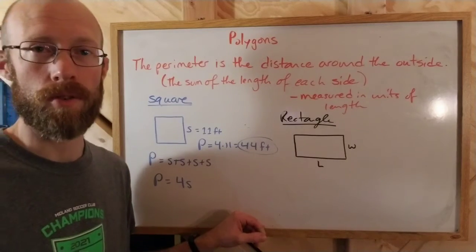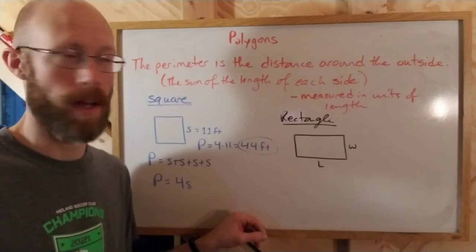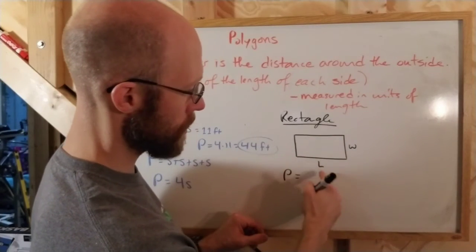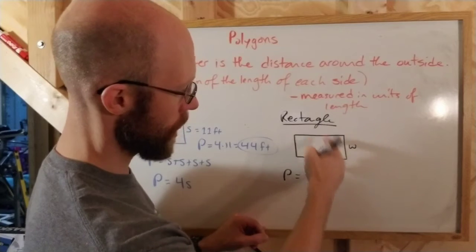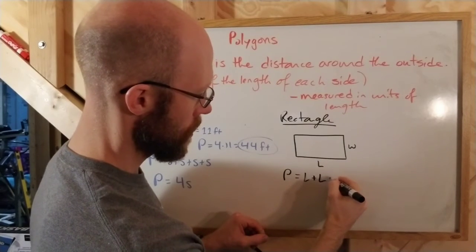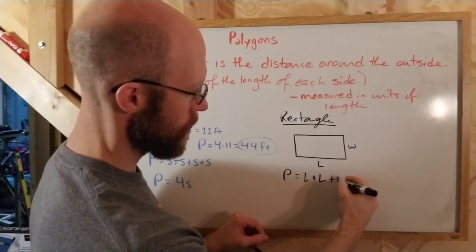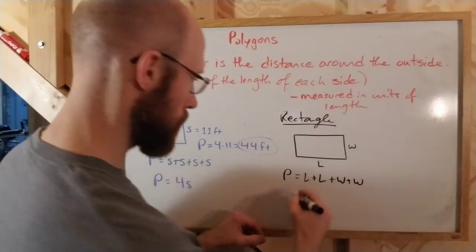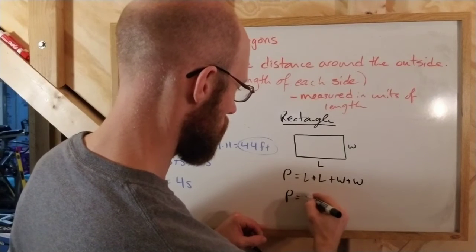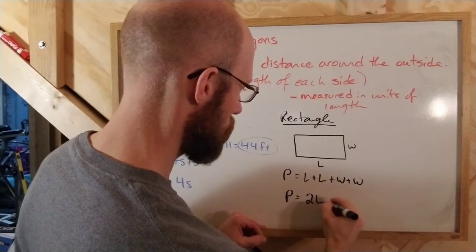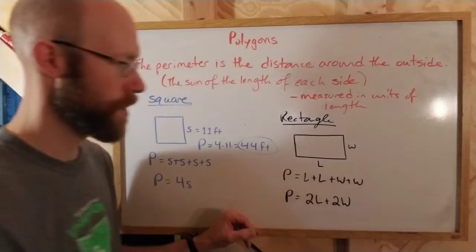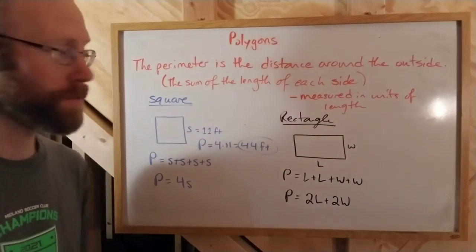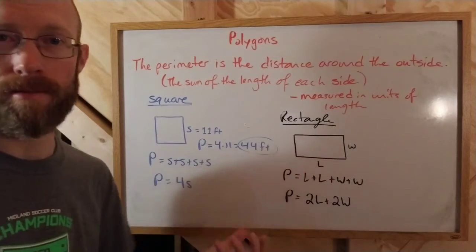There are other words we can use to express those, but I'll call them length and width, L and W. And so the perimeter could be found by taking a length plus the length, because the opposite sides are the same, plus the width plus the width. But by combining like terms, I can just make that a little bit nicer of a formula and call it 2L plus 2W. So if I know the length and width, I just double each of them and add them together. I could just add them all together. Either way is fine.